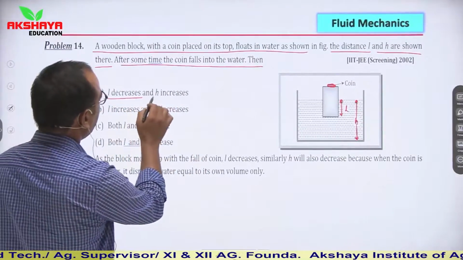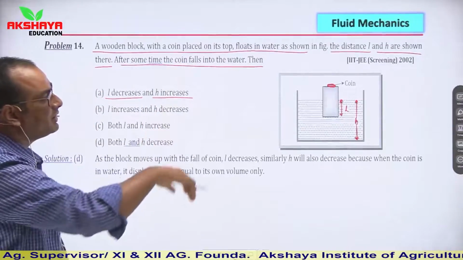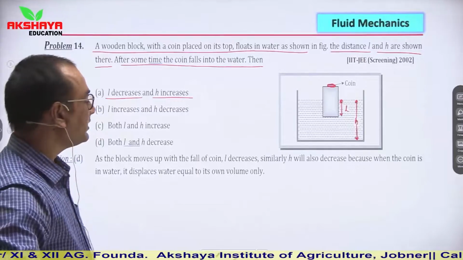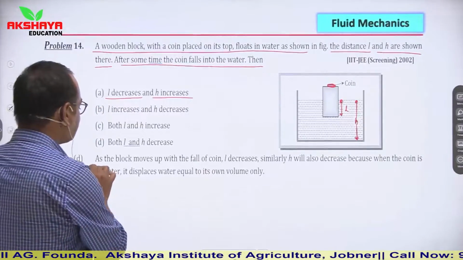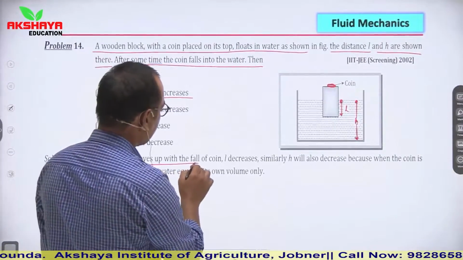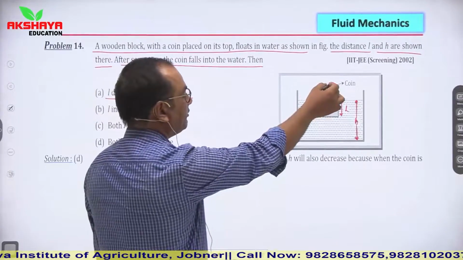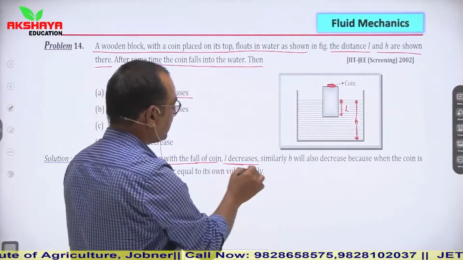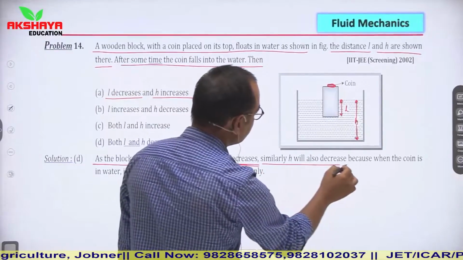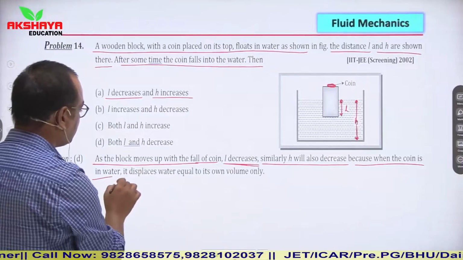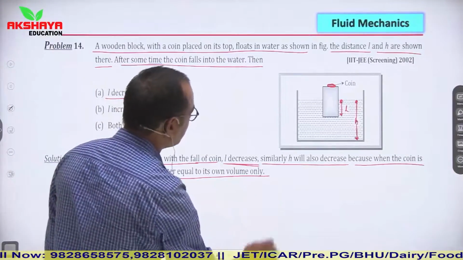L decreases and H increases. This coin will fall into the liquid. So what is the condition of its falling? Simply keep in mind, as the block moves up with the fall of the coin, L decreases. Similarly, H will also decrease, because when the coin is in water, it displaces water equal to its volume only.